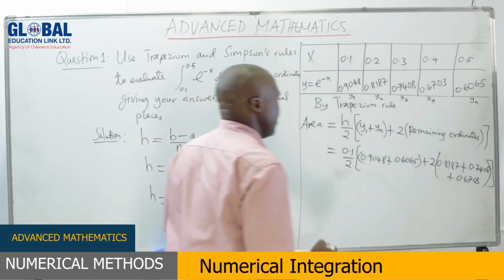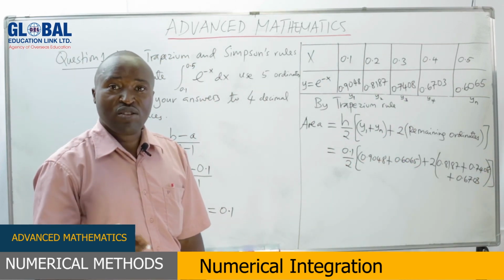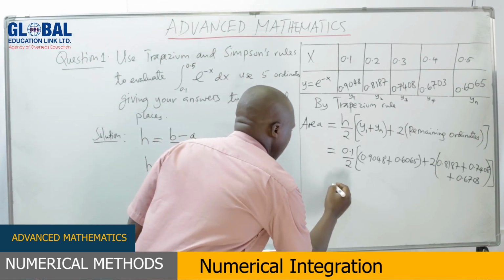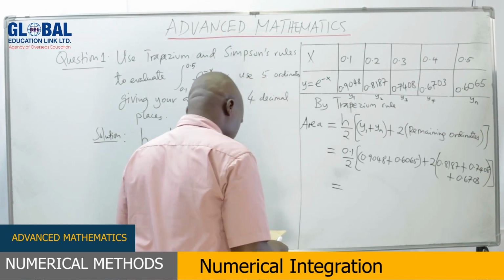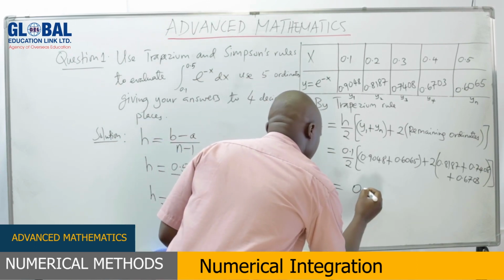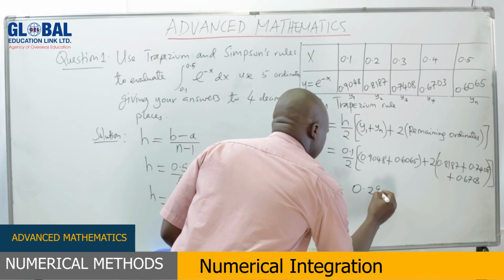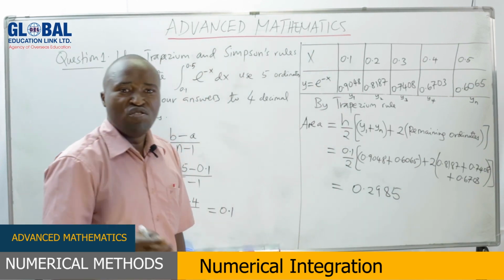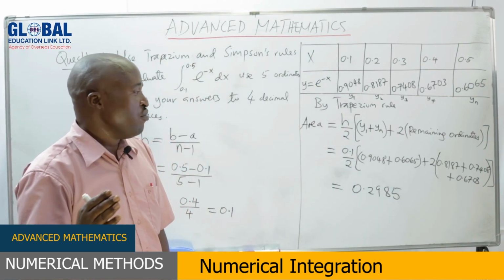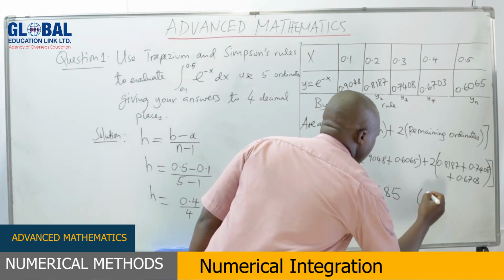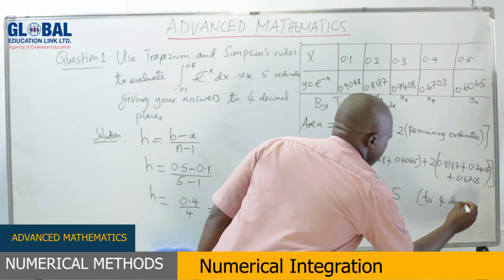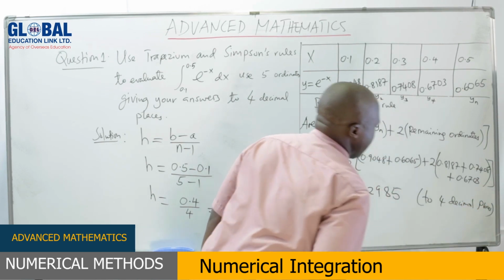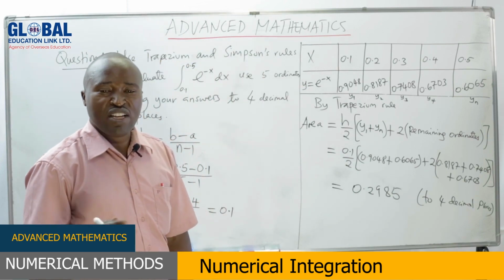So we close the brackets. It's just a matter of taking your calculator and doing this computation. In this case, we are going to have 0.2985. Remember, we maintain the number of decimal places, that is 4 decimal places. So my dear student, I think you are together.